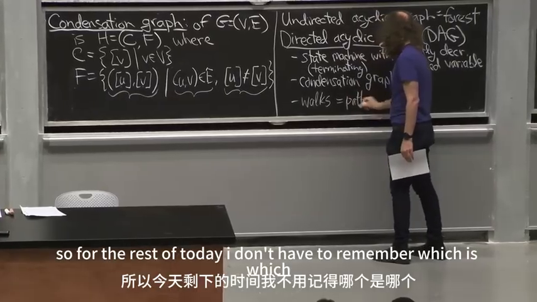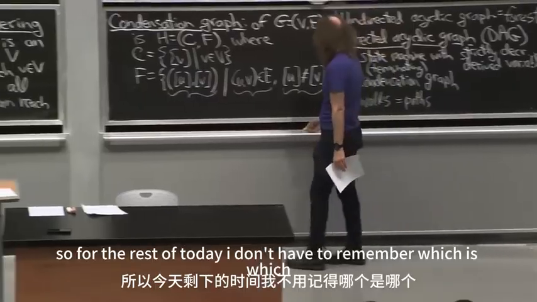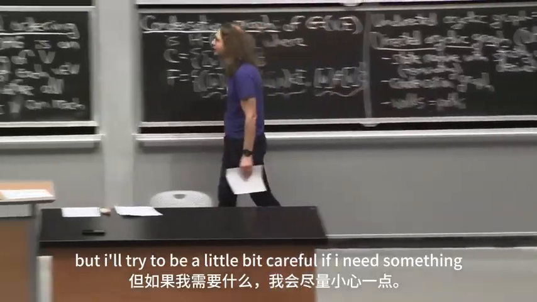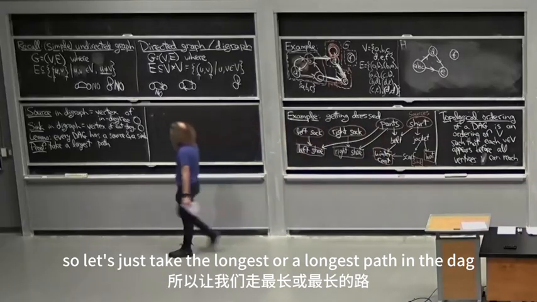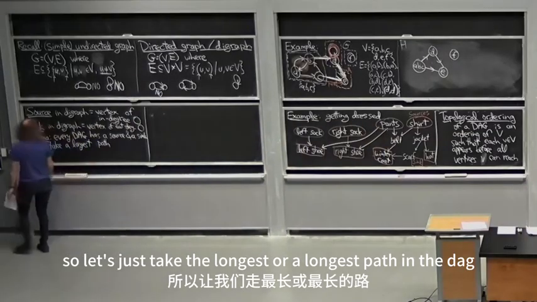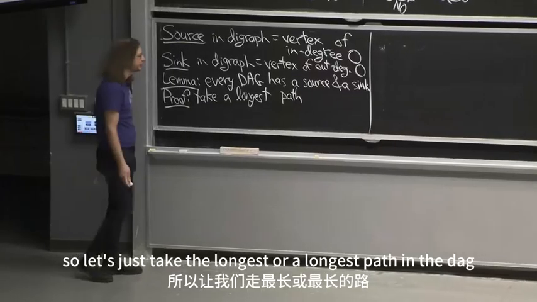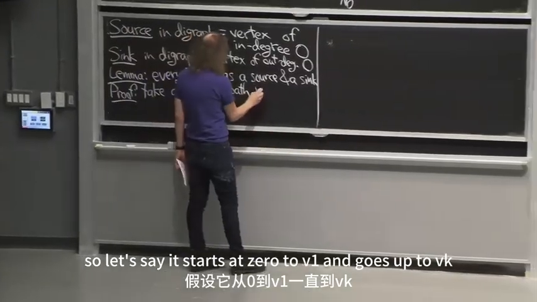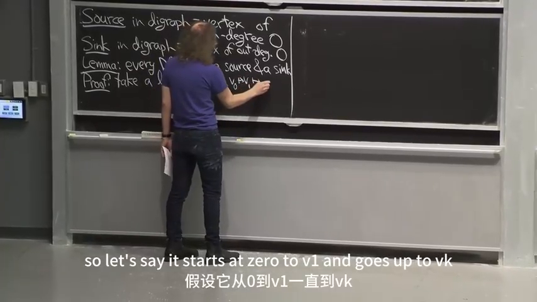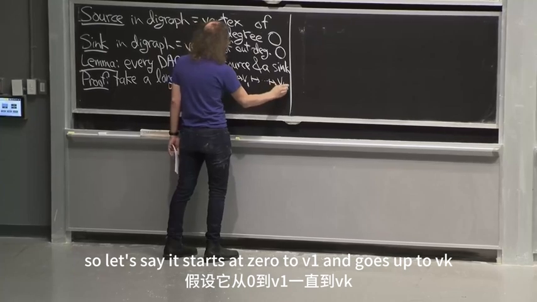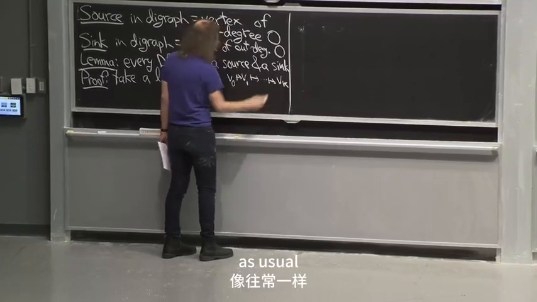So for the rest of today, I don't have to remember which is which, but I'll try to be a little bit careful if I need something. So let's just take the longest or a longest path in the DAG. So let's say it starts at v0, goes to v1, and goes up to vk, as usual.